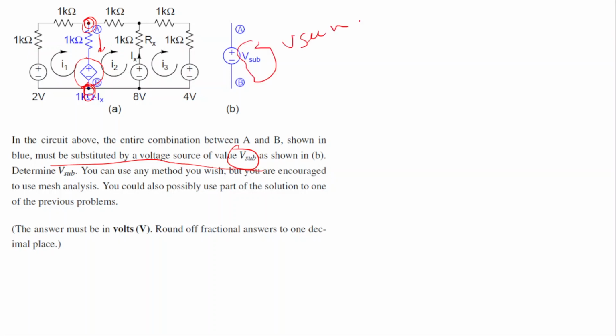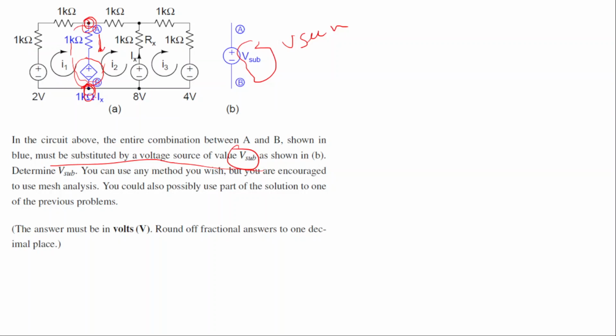So this is a very simple problem. Basically, for all these resistive elements, you need to find the equivalent voltage source. Is that clear? Is there any confusion in this?